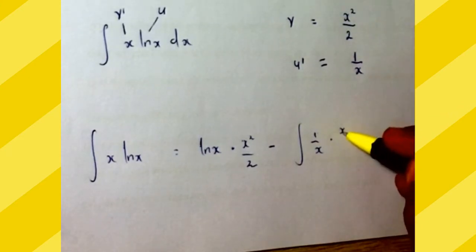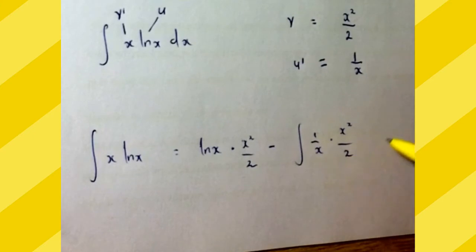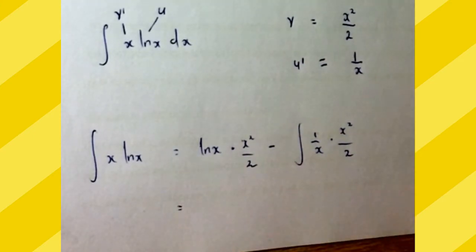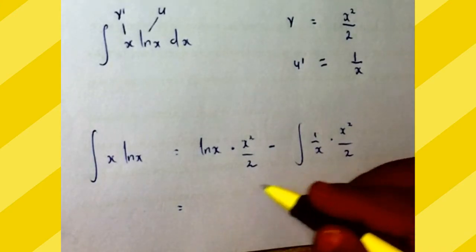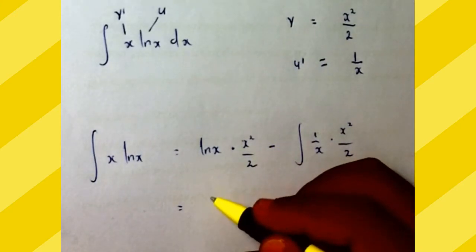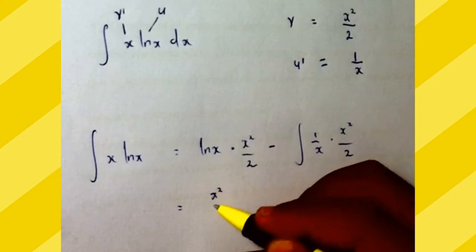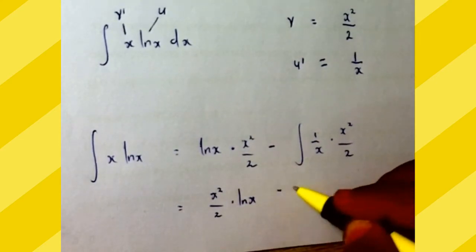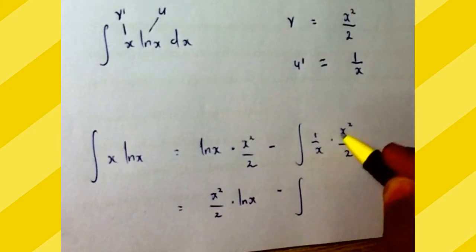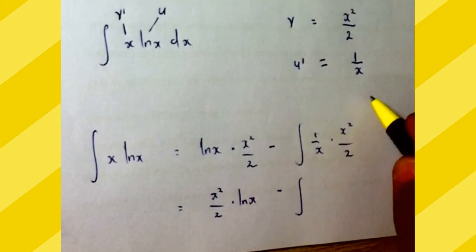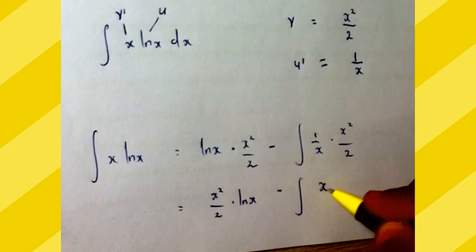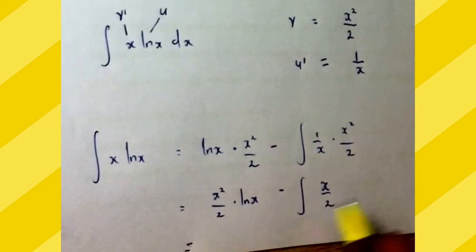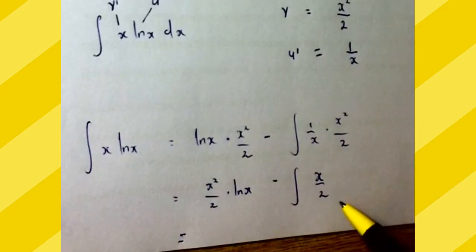My v is x squared divided by 2. I can simplify this, and I'm going to get x squared divided by 2 multiplied by ln x minus the integral of, this x cancels with another x, so I'm left with x divided by 2.